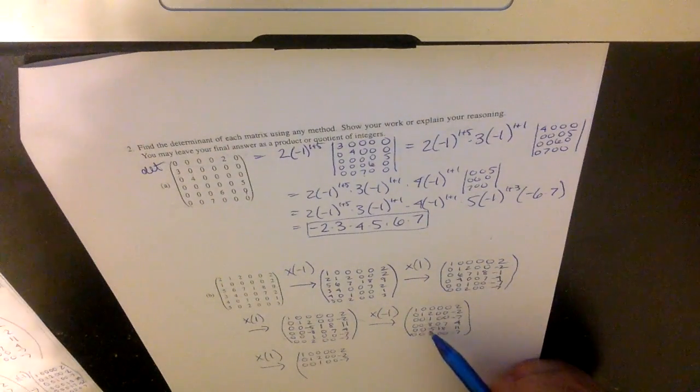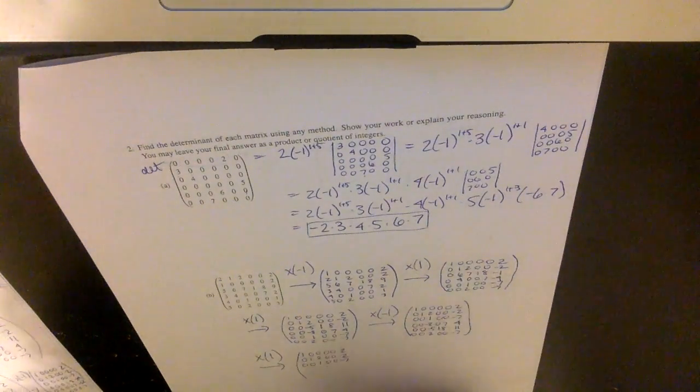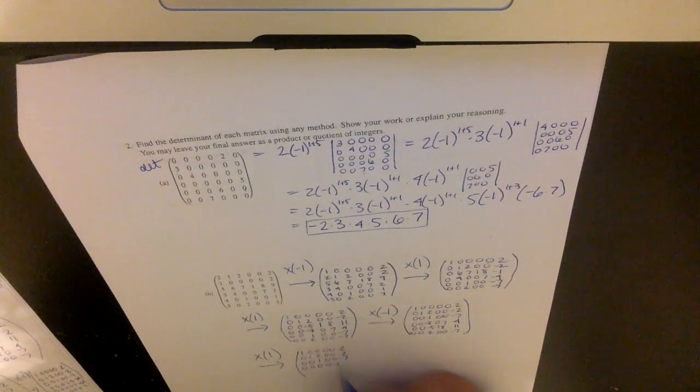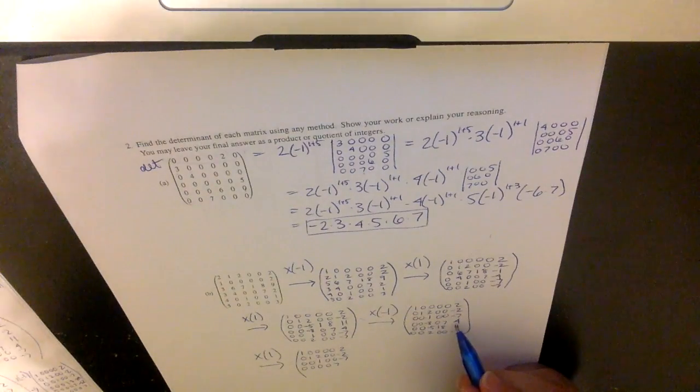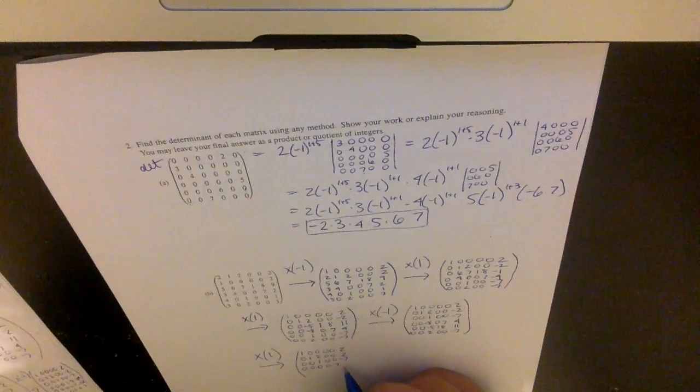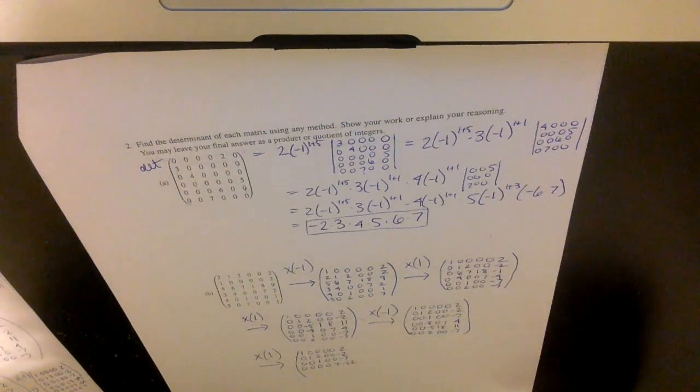Negative 8 plus 8 is 0, 0, 7, now 4 plus 8 times negative 7, which is negative 56, we get negative 52.